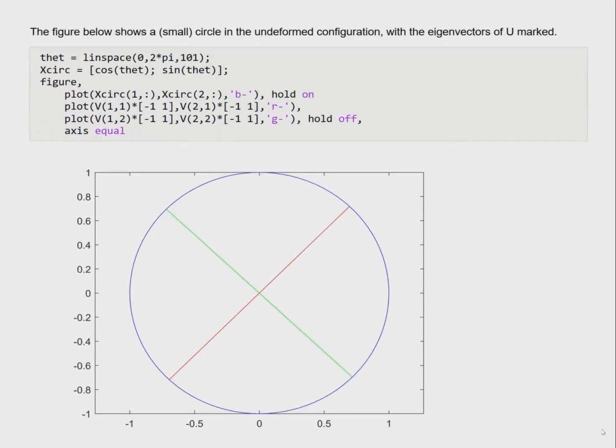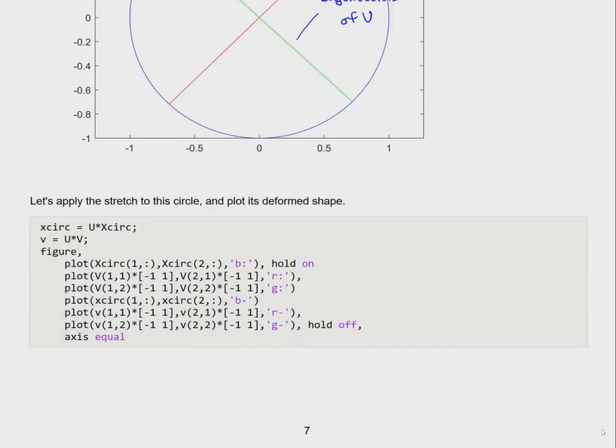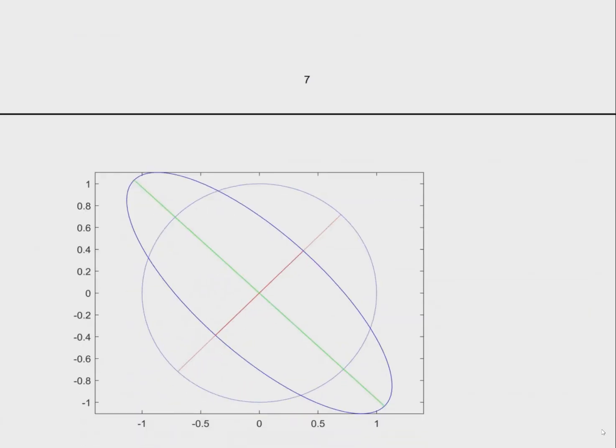So the figure below shows a small circle with the eigenvectors of U marked. So the red line here and the green line here are the eigenvectors of U. Now if we apply U to this circle, its shape gets changed into this ellipse.